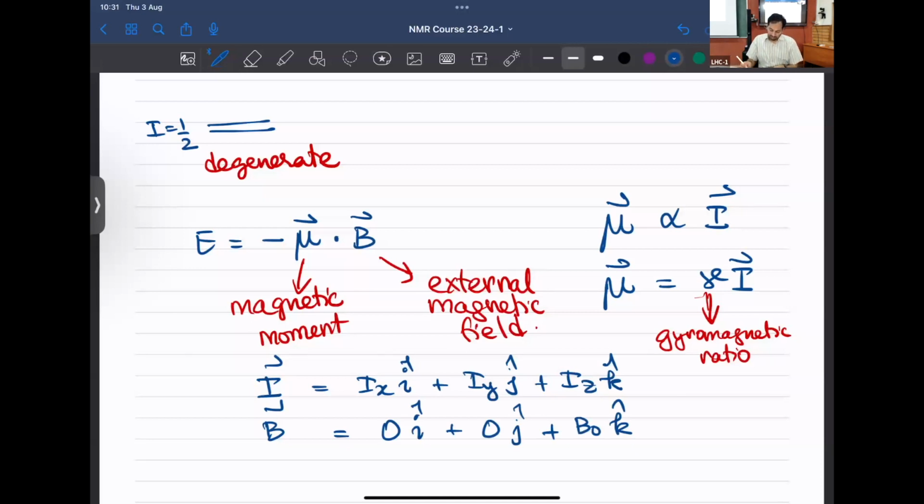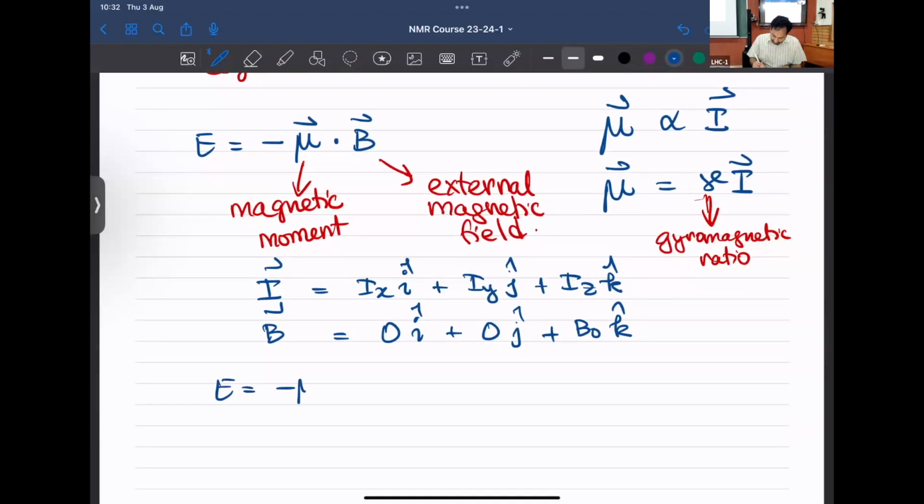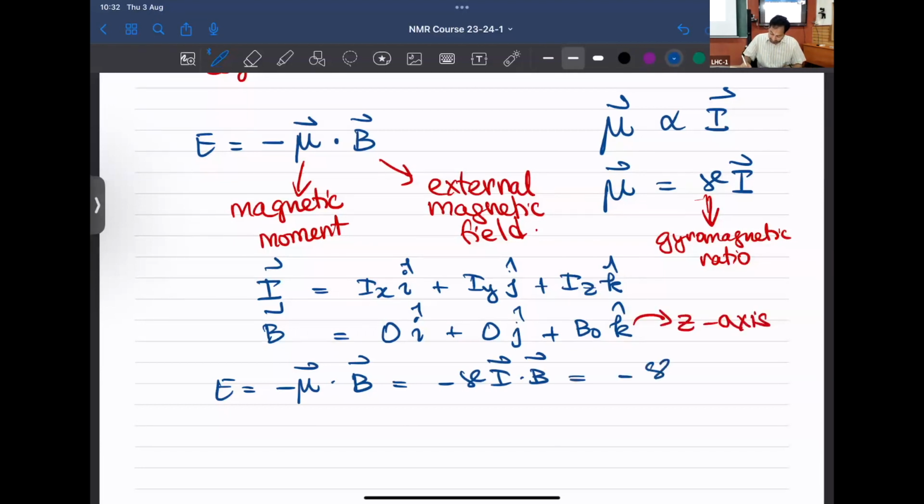So therefore, E is given as minus mu dot B, which immediately translates into minus gamma I dot B, which, since you're applying only along the Z axis, becomes minus gamma h cross B naught Iz, right?